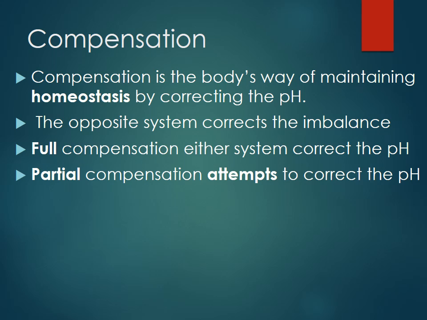Then the kidneys will attempt to increase the pH by conserving, or holding on to, bicarb. So basically, in respiratory acidosis, the kidneys say, wait a minute, she's holding on to carbonic acid. There's a problem. Too much acid is on board. I'm going to hold on to mine. I'm not going to get rid of it because I need to neutralize this environment. It's too acidic.